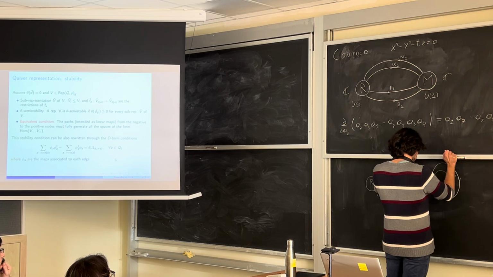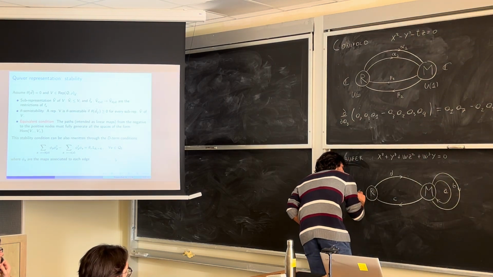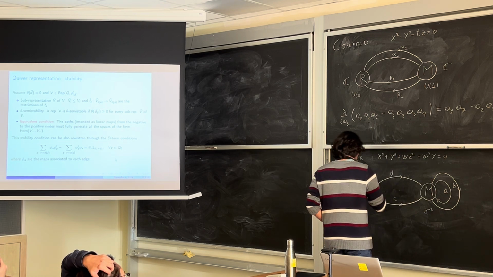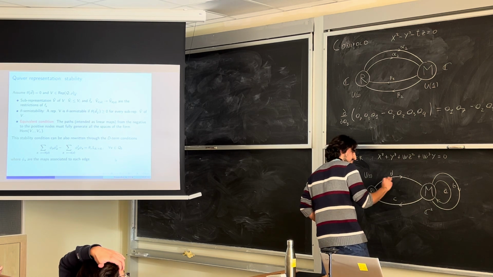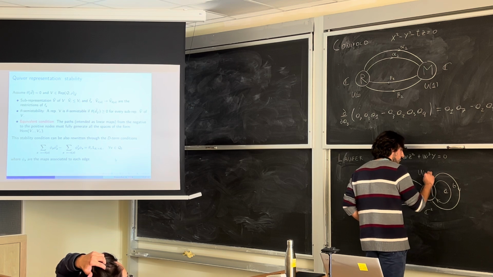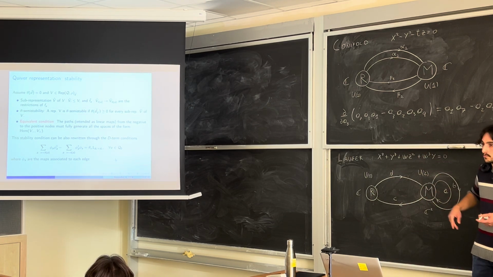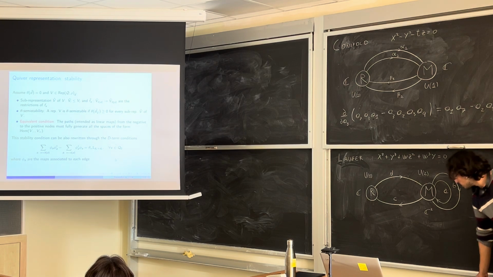Whereas in the Laufer's example, I will have C and C2 in this case, U1 and U2. And this would be the gauge group of the quiver gauge theory that will arise at the end.